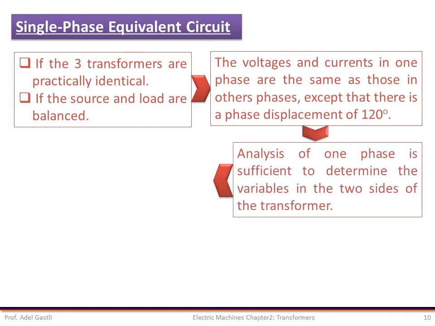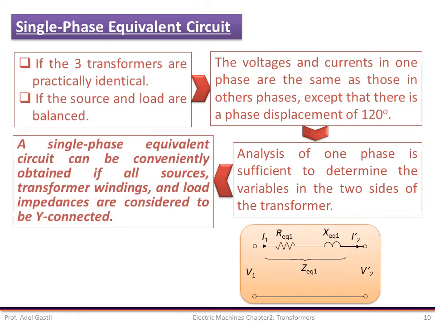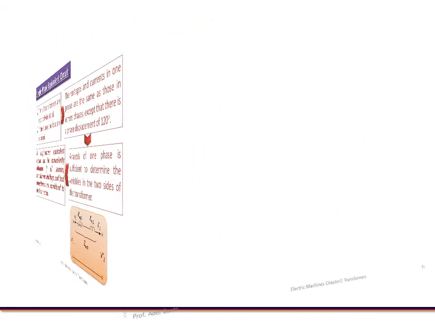Thus, the analysis of one phase would be sufficient to determine the variables of the two sides of the transformer. Therefore, a single-phase equivalent circuit can be conveniently obtained if all sources, transformer windings, and load impedances are considered to be Y-connected.